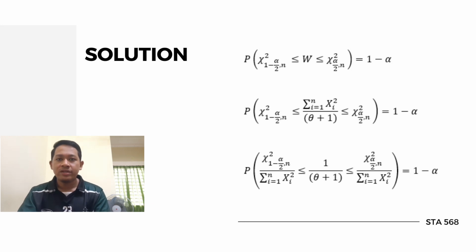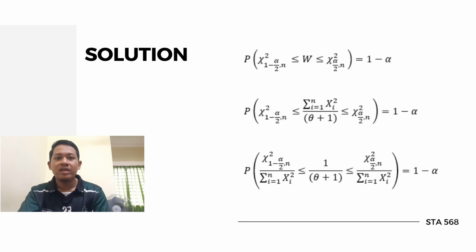First of all, we construct P, W less than and more than. The less than part, we put chi-square alpha over 2 and the degree of freedom is n. For the more than side, we put chi-square 1 minus alpha over 2 with degree of freedom n. And all of that is equal to 1 minus alpha.